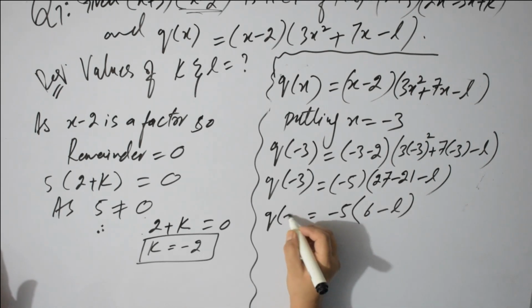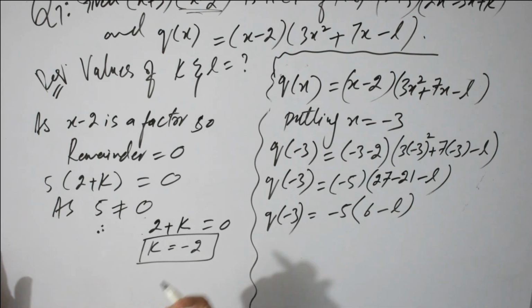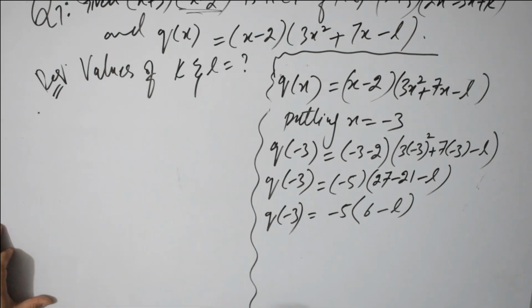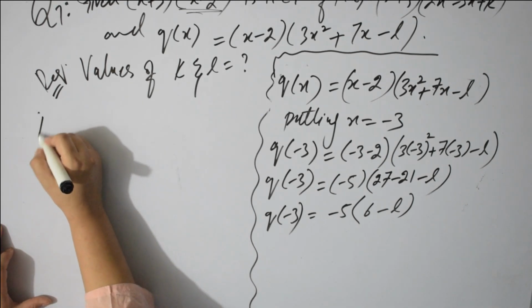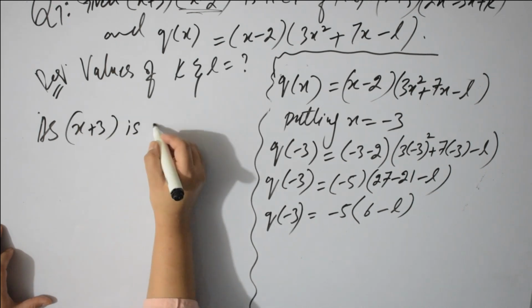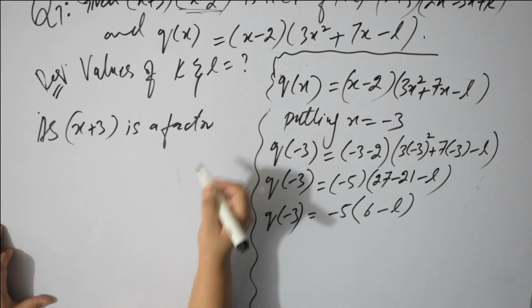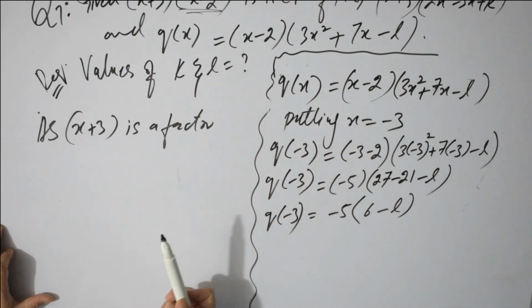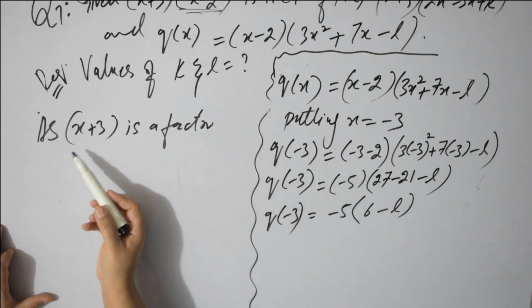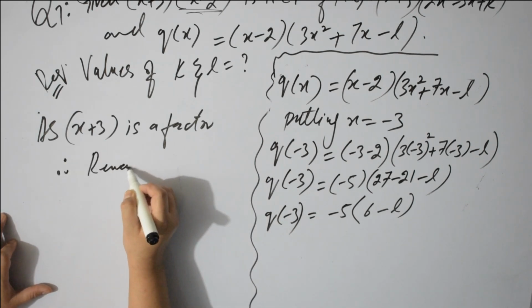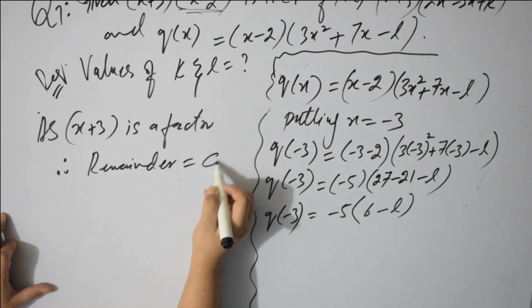Again the same thing, you will write after finding your remainder. As x plus 3 is a factor, because I put x is equal to minus 3 in this factor in q of x, therefore remainder is equal to 0.